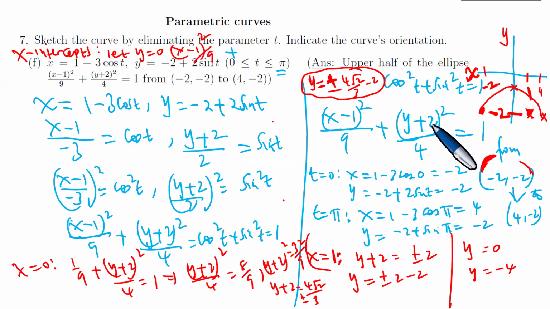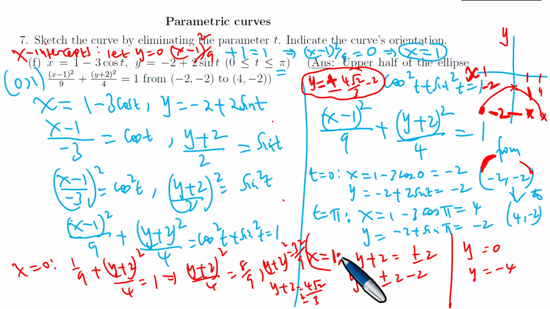It's like 0 plus 2, and then it's 2. 2 squared is 4. 4 over 4 is 1, which means that it's going to have x minus 1 squared out of 9 equals 0. And whatever it means, x is 1. So whenever y is 0, it's going to cut the x-axis at x is 1.